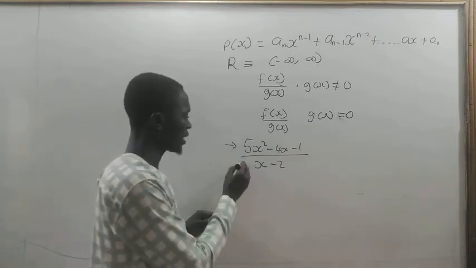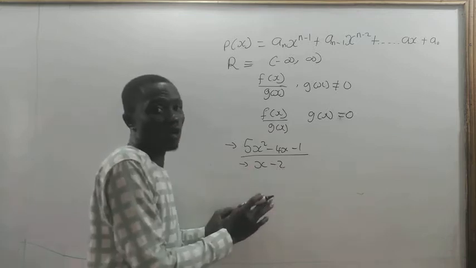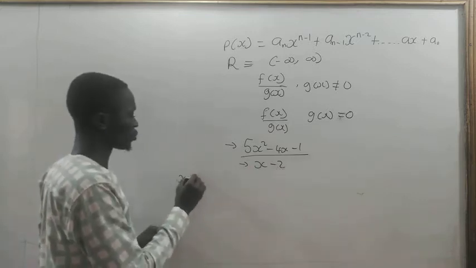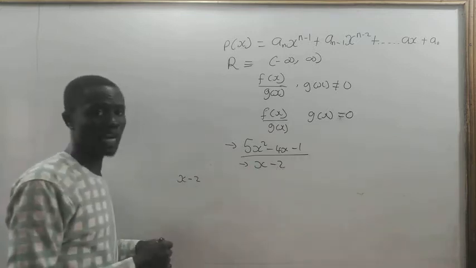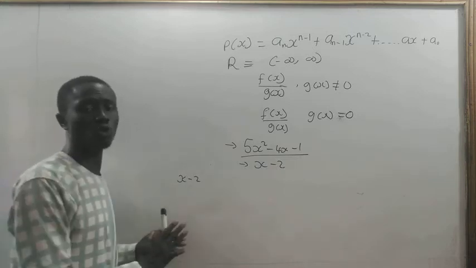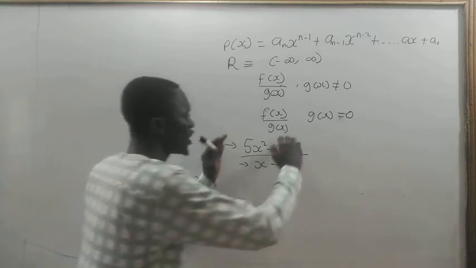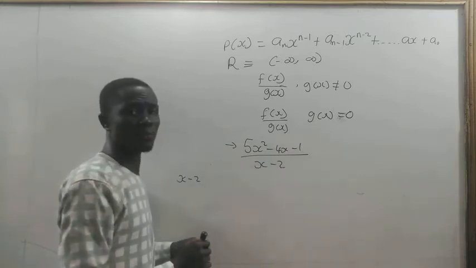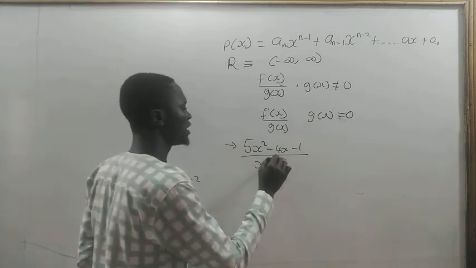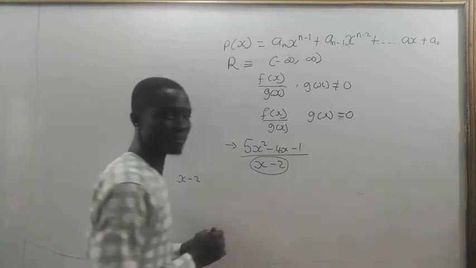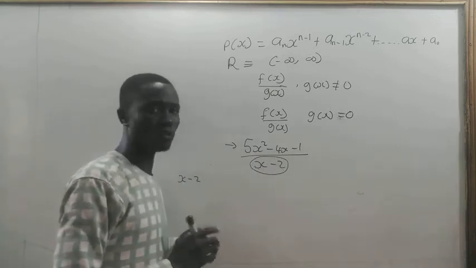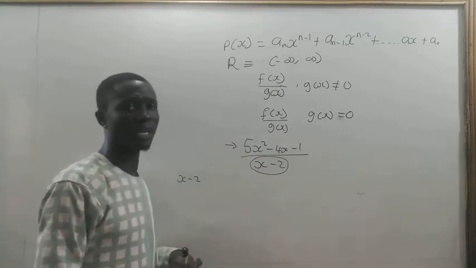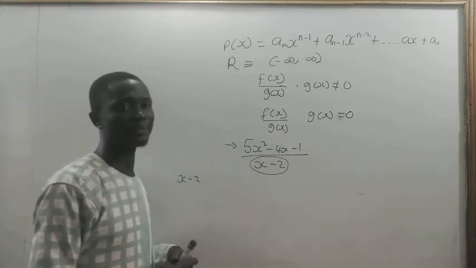If you consider the denominator alone, x minus 2 is a polynomial function, so it is also continuous everywhere. But if we are considering the rational function, our main point of consideration should be the denominator, if we are talking about a point of continuity.